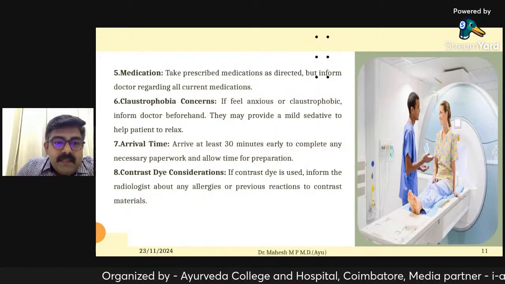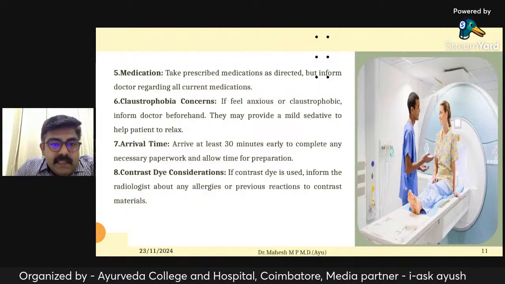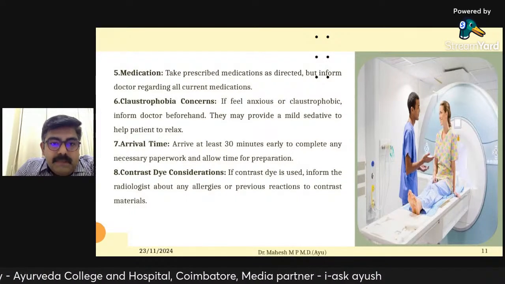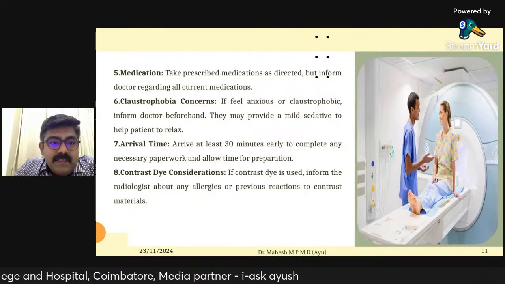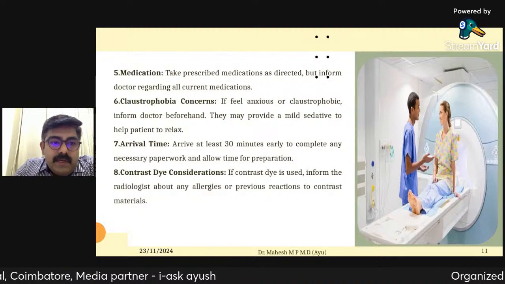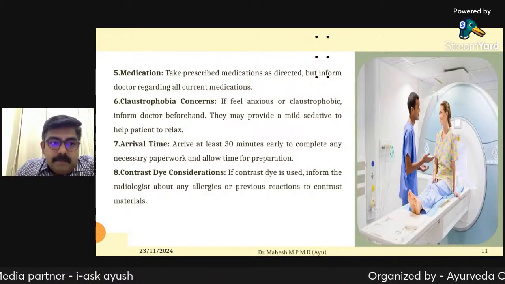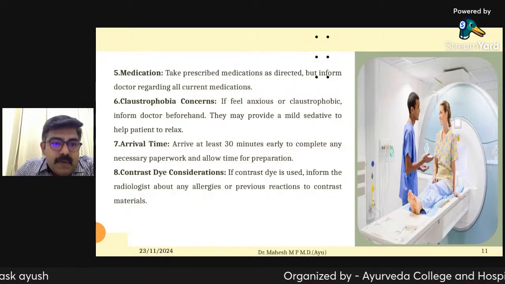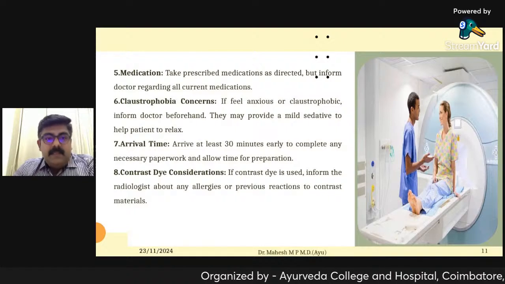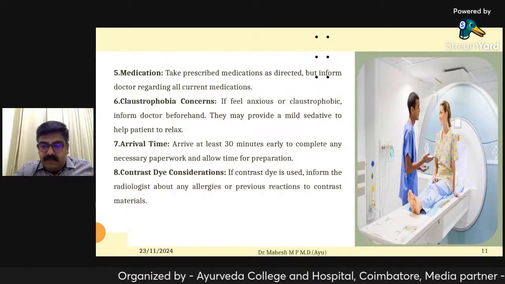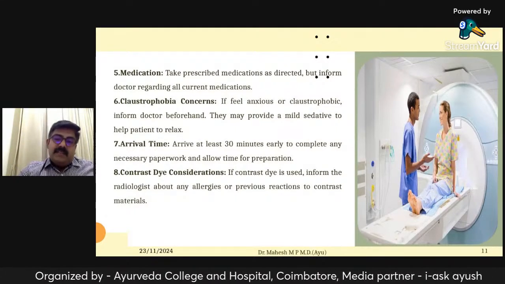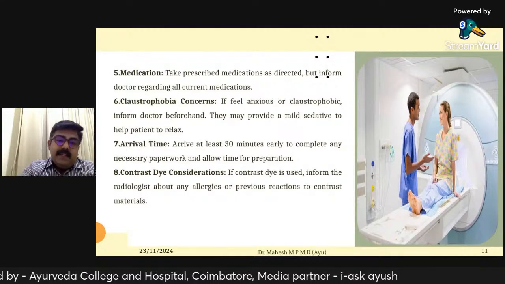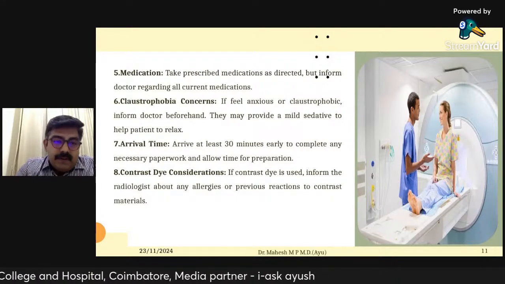Regarding the medication, the details of the medications the patient is taking have to be noted. And regarding the patient's comfort, we have to ask about claustrophobia concerns. Claustrophobia is the condition where the person is very anxious about being in a closed room or closed environment.